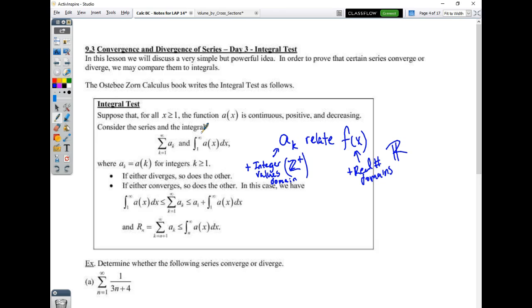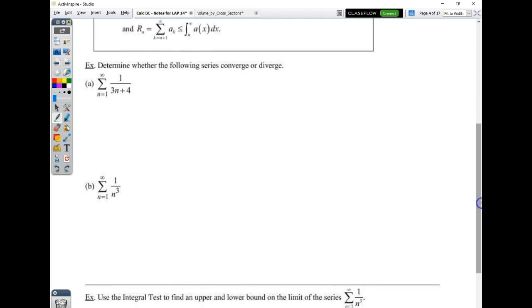So let's take a look at that real quick. Looks something like this. We have the sum from n equals 1 to infinity of 1 over 3n plus 4. When I look at the series 1 over 3n plus 4, I want to come up with a function that would match that. It's really easy, folks. The function that matches the series 1 over 3n plus 4 is the function 1 over 3x plus 4.